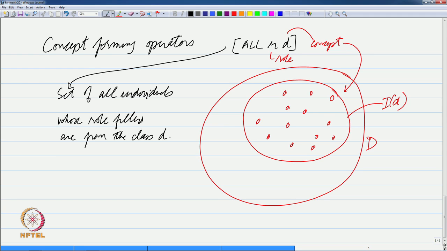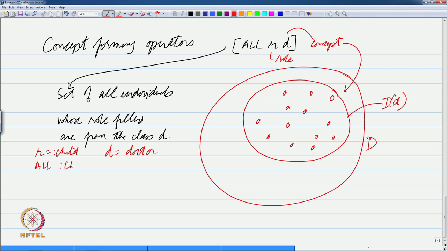So, if let us say R is equal to child and let us say D is equal to doctor, then ALL, we will use a colon before a role name.